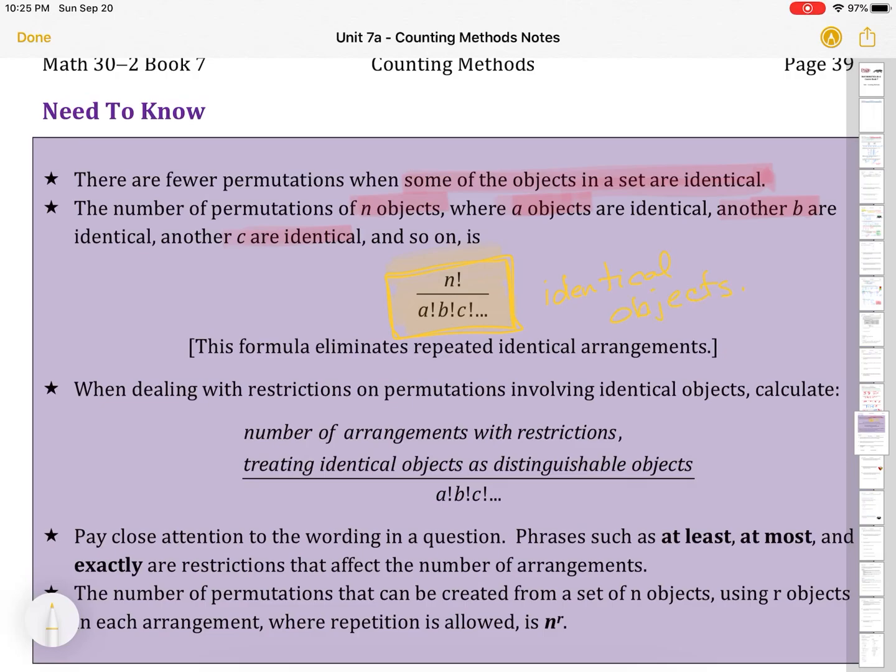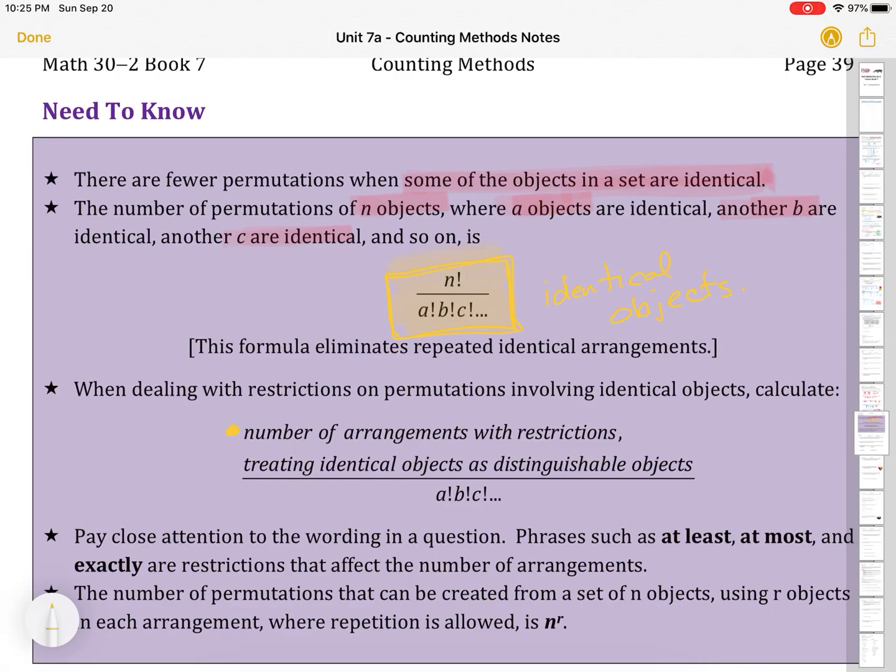This is very important for identical objects. This formula eliminates those repeated identical arrangements. It does that work for you. I mean, you can draw them all out if you want to, but I don't want to, right?